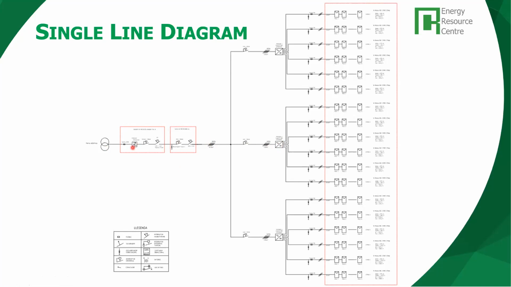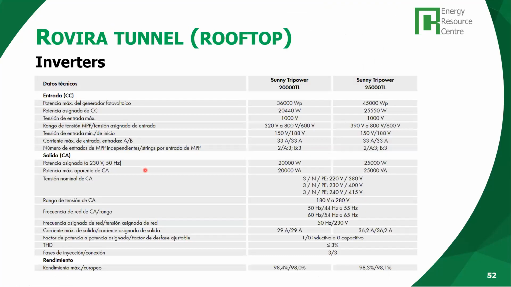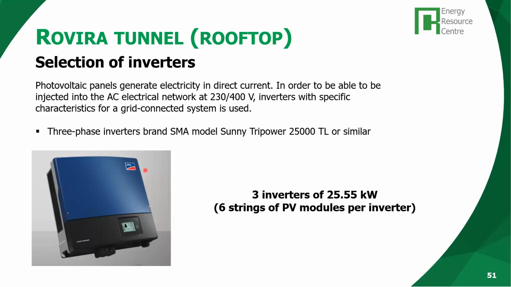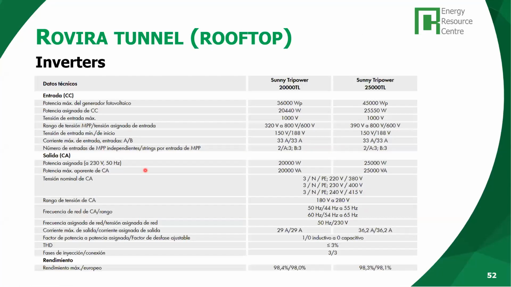Can I ask a question about the 3-phase inverters? Sure, let me know. This is the 3-phase inverter, right? Yes. So the connection is done from each... If you go to the circuit.